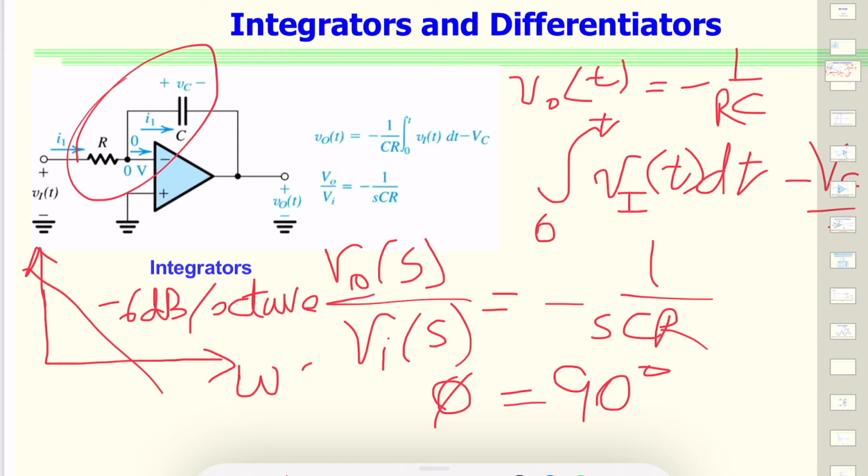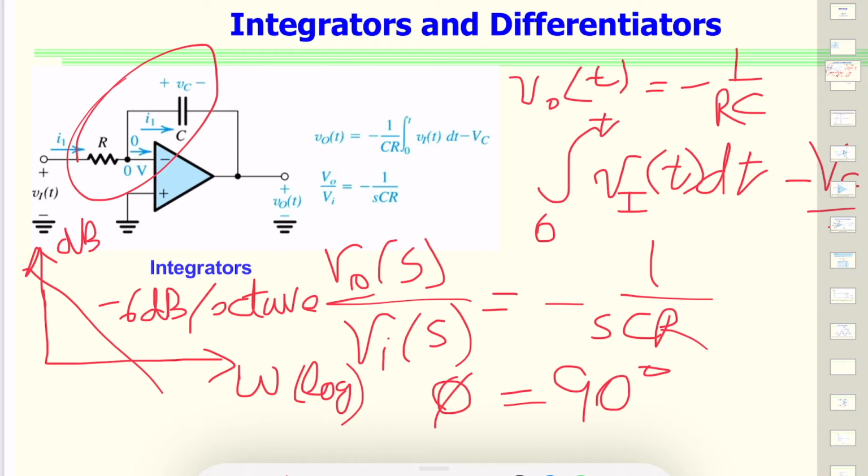So this is log, of course. This is voltage. This is also in dB. Voltage divided by voltage, output voltage divided by input voltage, magnitude. So this straight line is equal to minus 20 dB per decade or minus 6 dB per octave.